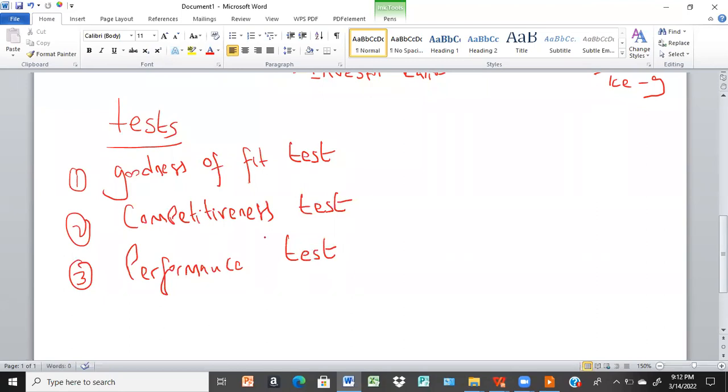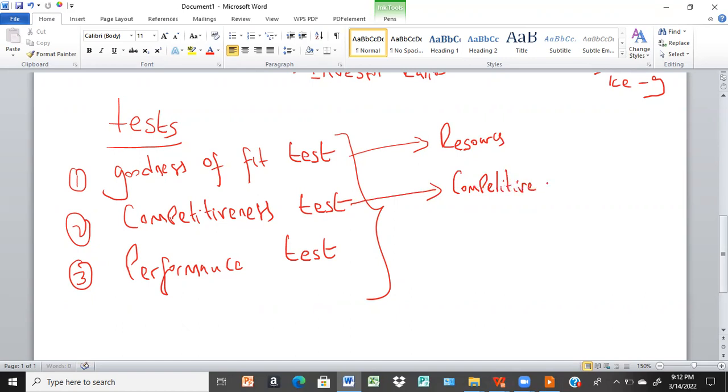These three, the strategy must pass these. The chosen strategy must pass this. Goodness of fit: it must fit in with your other strategies, with your resources, with your culture, and all that. It must create a competitive advantage for you.